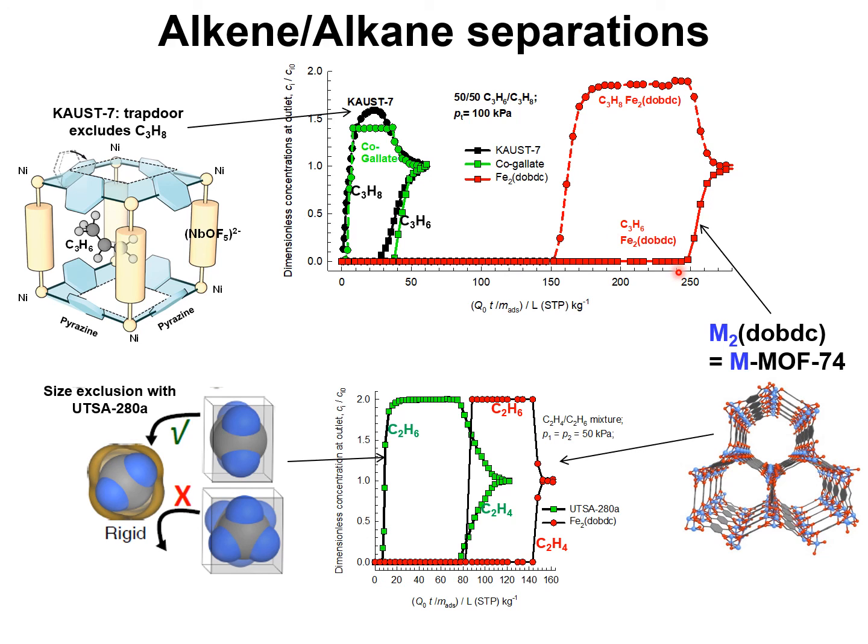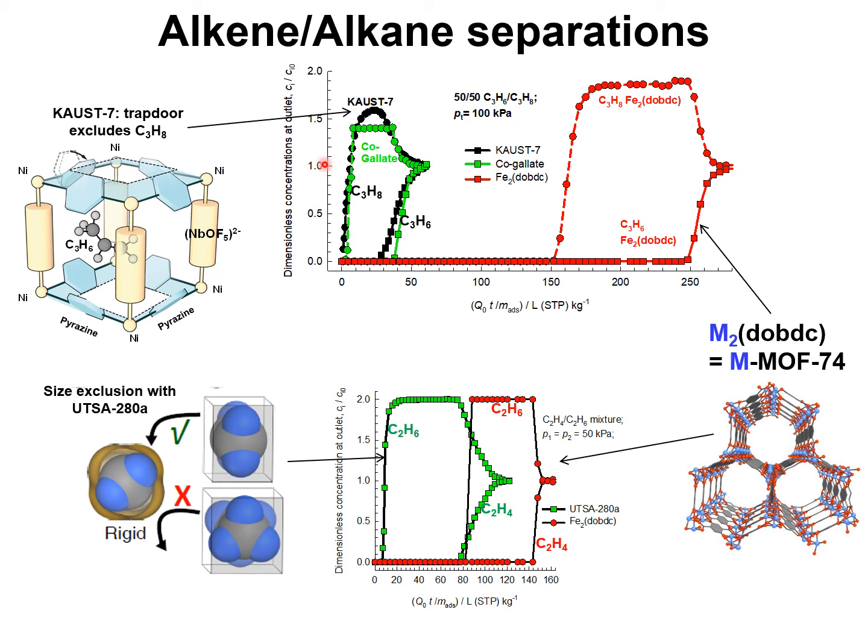Iron MOF 74 binds the propene selectively, but there is also a significant uptake of propane within the pores, and this significant proportion of propane that is adsorbed in the pores could result in a lower purity in the propene product that is recovered in the vacuum blowdown phase.